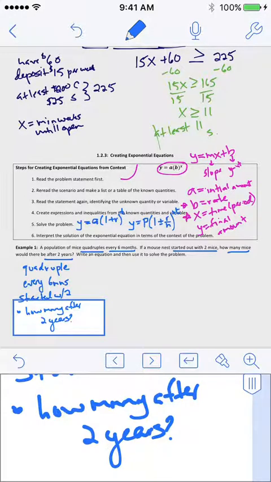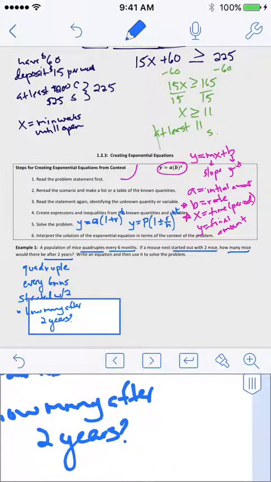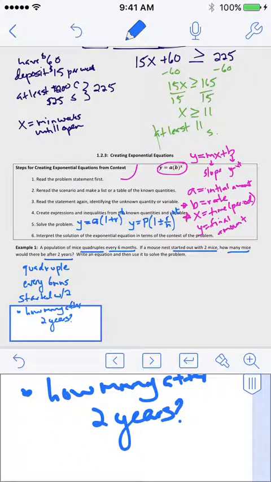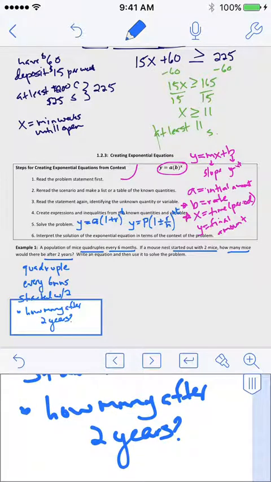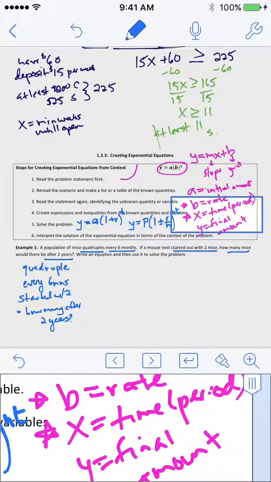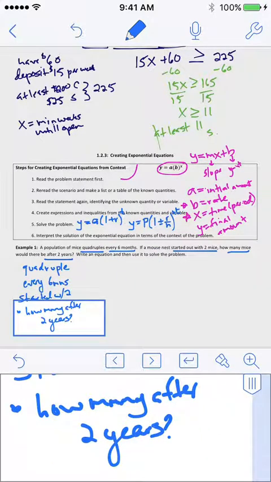That's the question. Okay. Now the question, before we were defining our question, always defined x, right? 9 times out of 10 it did anyways. Now that we actually have more set definitions for things in exponentials, let's take a look at this question. How many after 2 years? Is that asking about x? Is it asking about a time period? Not really. We know the time period, 2 years, right?